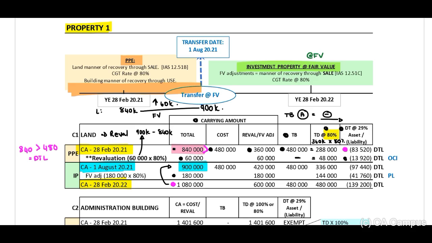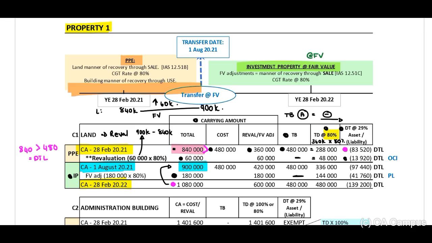Now, this is investment property carried at fair value. Therefore, the temporary difference will be based on our CGT rate. For accounting purposes, the carrying amount will be the 180,000. For tax purposes, 0 in terms of the 180,000, because this is an accounting entry, it's not a tax entry.